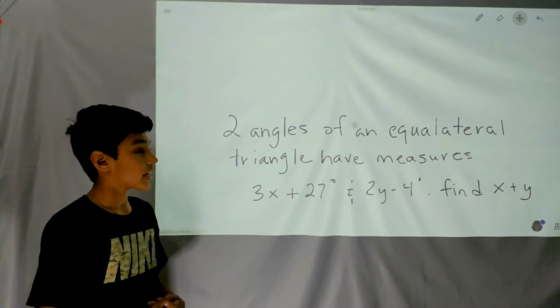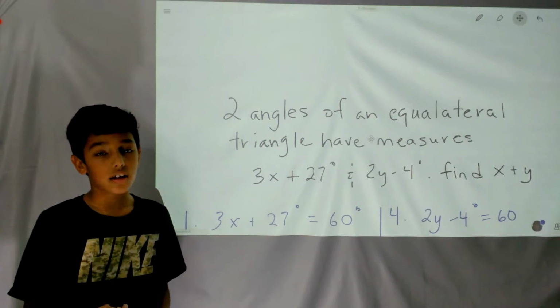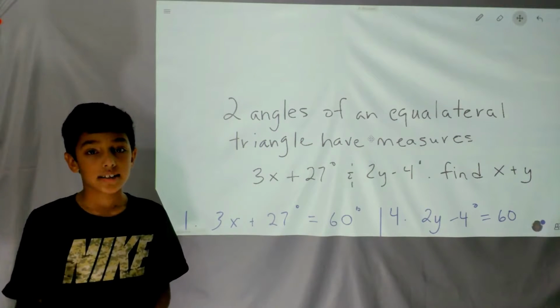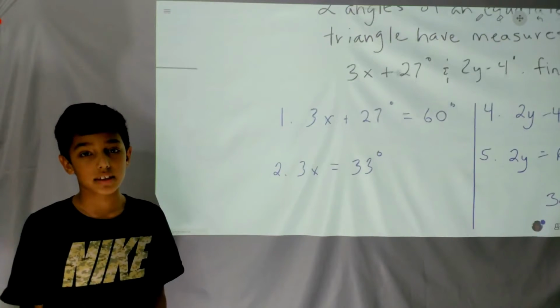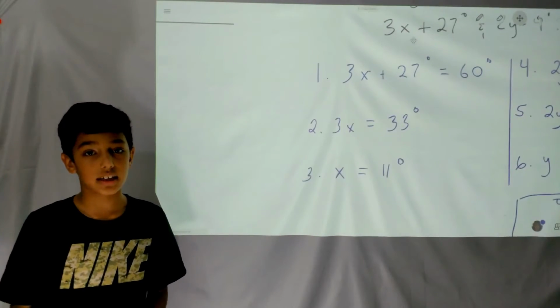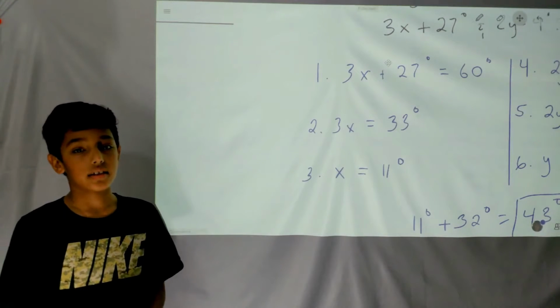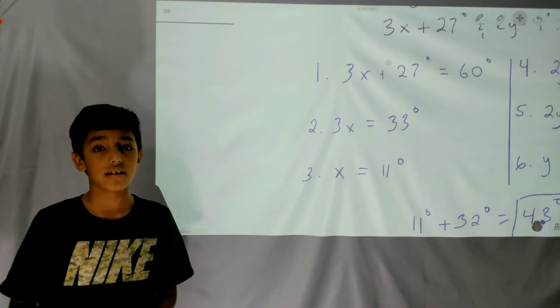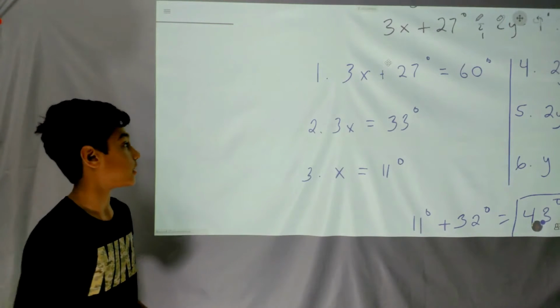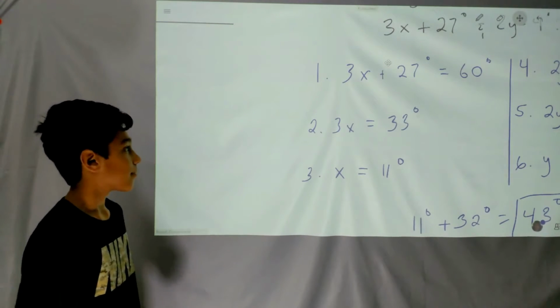So all the angle measures would be 60 degrees, because 60 plus 60 plus 60 equals 180, and a triangle's angles added together must equal 180 degrees.